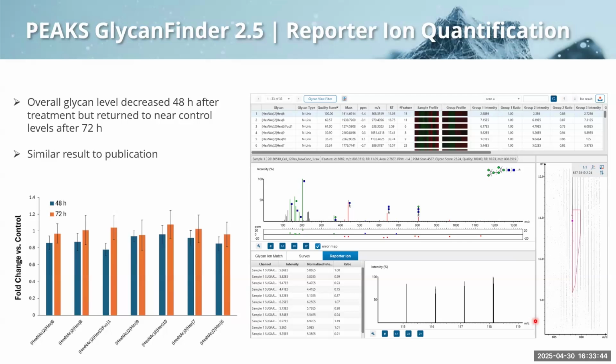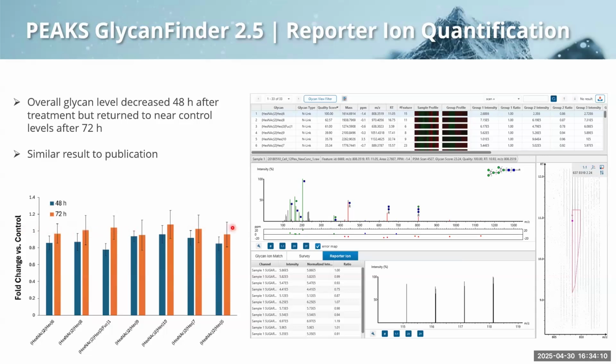And what we see from this group is overall the glycan levels decreased 48 hours after the treatment compared to the control group. So that's these blue bars here. These are the top 7 essentially glycan structures from the reporter ion quantification result. And then it was also found that after 72 hours, they returned to near levels of control.